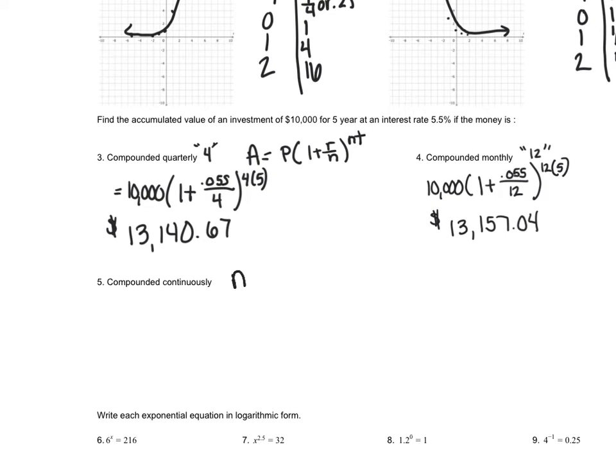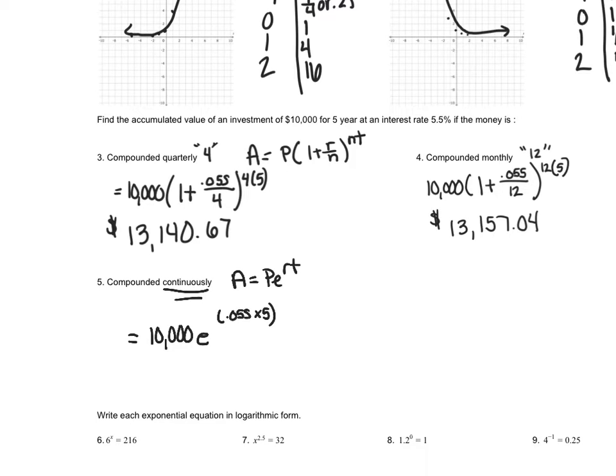Now the big difference between 3 and 4 and number 5, it says it's compounded continuously. So we know when it's compounded continuously, that special word continuously, we use A equals P e to the rt power. So my P is my principal, that's how much I'm putting in. E is that button that's right above ln. You have to hit the second button on your calculator first. Our rate, we still divide it by 100 to get rid of the decimal, and our time is 5.